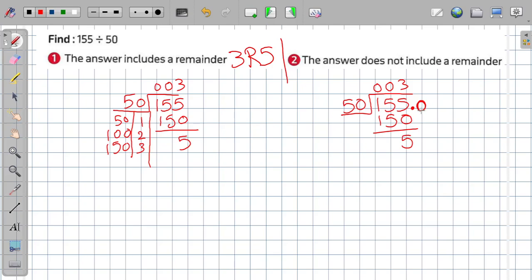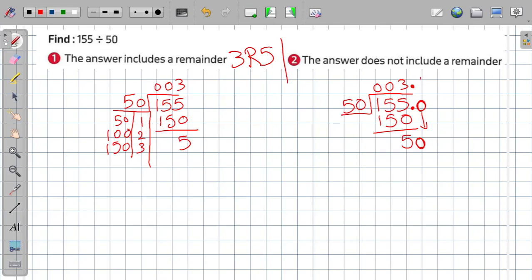So I have 50, so let's continue our division. So it will be 50 divided by 50 equals what? But first, don't forget to put the decimal point in the quotient. So I will put the decimal point right here after 3. So 50 divided by 50 equals 1.